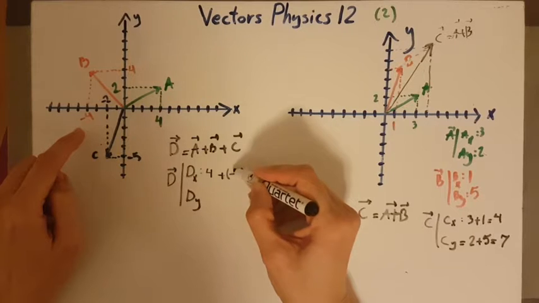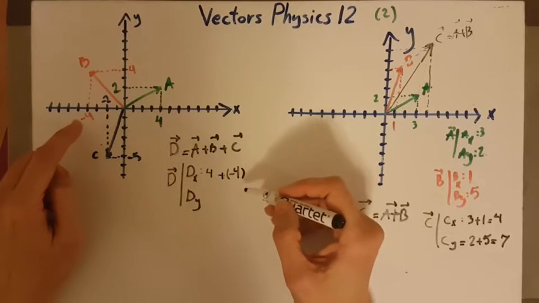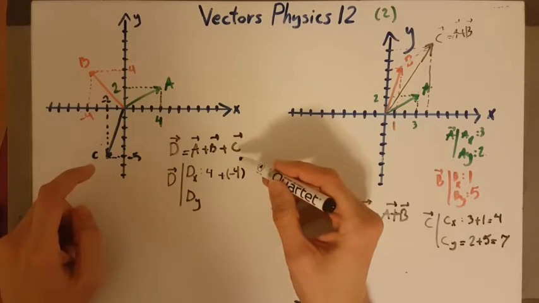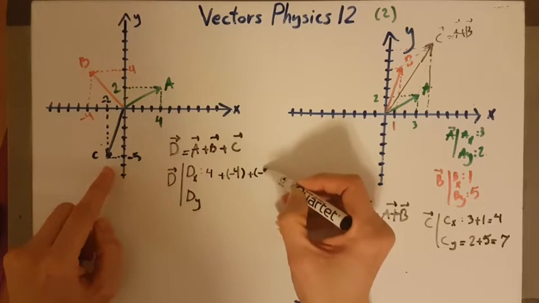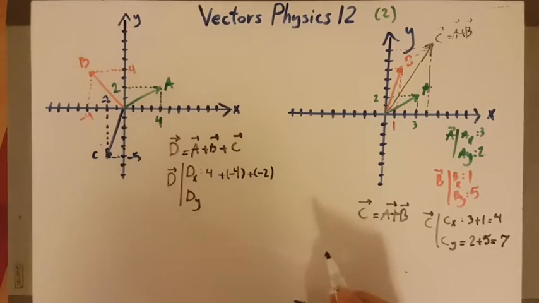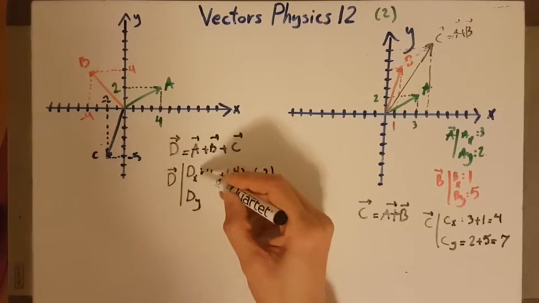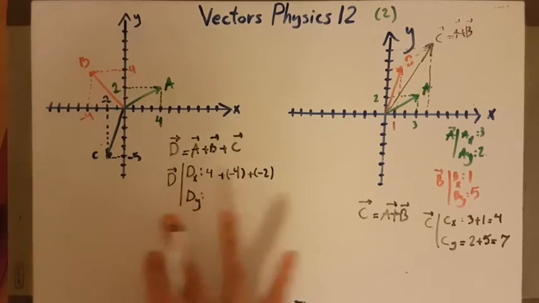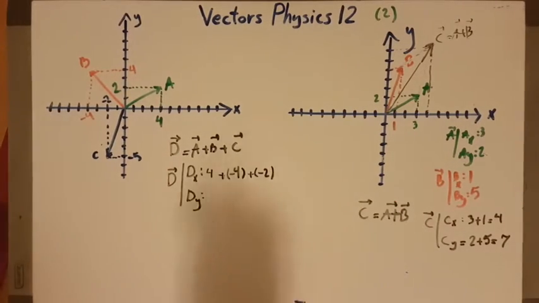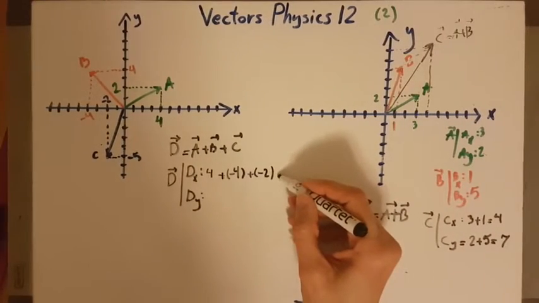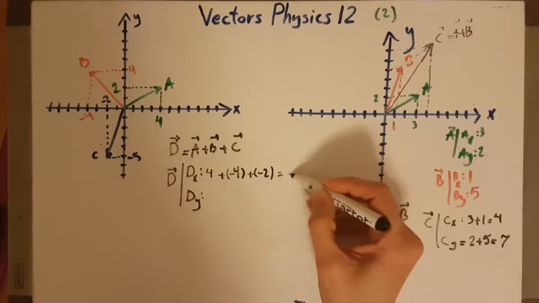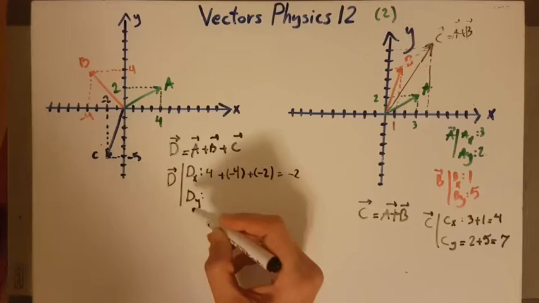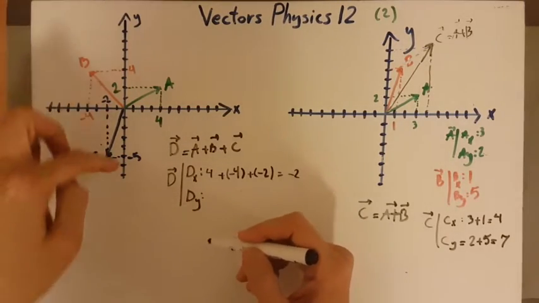Negative 4 for the b, and for the c negative 2. It wouldn't make any difference if I put them all in different orders. It would be the same as long as I add the x's together and make sure I put the negatives and positives correctly. Of course, the answer for this one is negative 2.